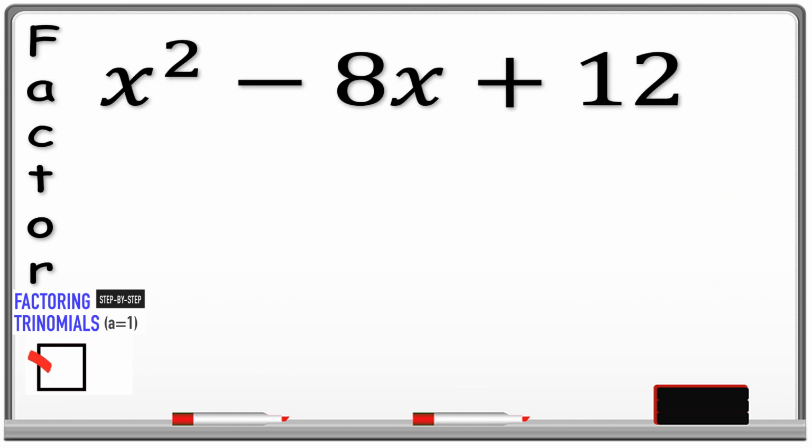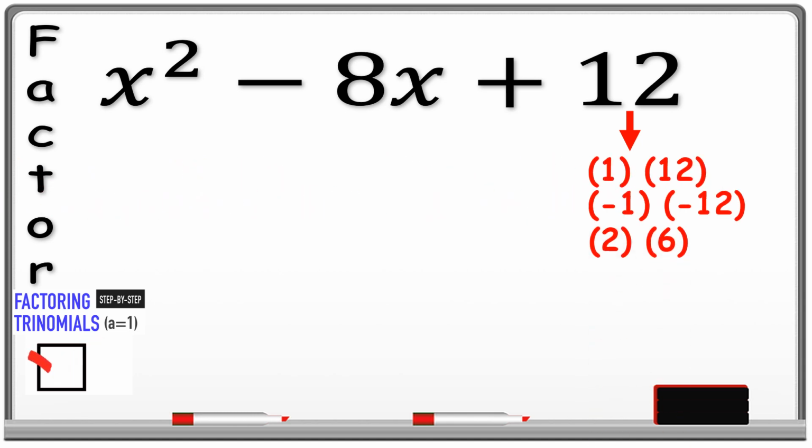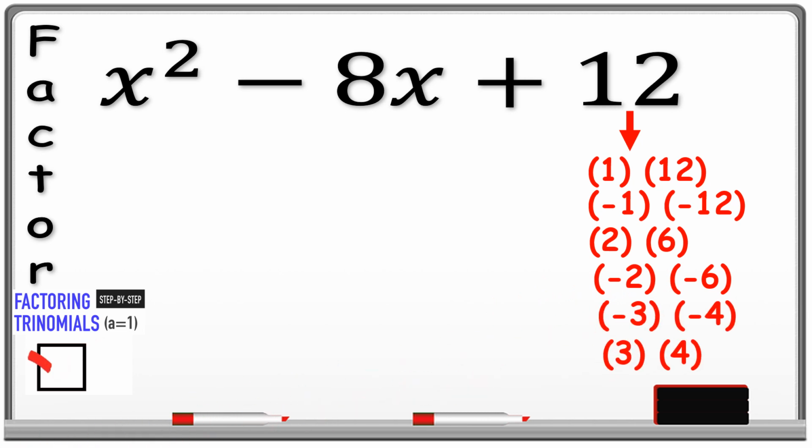Let's have another one. x squared minus 8x plus 12. So, list all the factors of 12. We have 1 times 12, negative 1 times negative 12, 2 times 6, negative 2 times negative 6, negative 3 times negative 4, 3 times 4. And after that, you choose which factors will give you the sum of negative 8 as the numerical coefficient of the middle term.